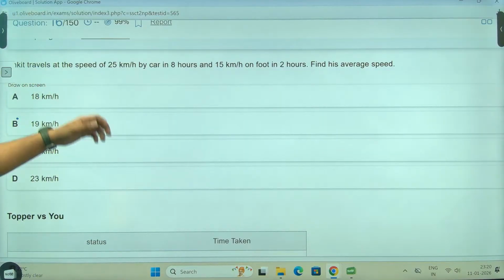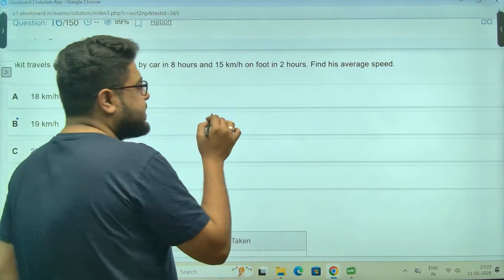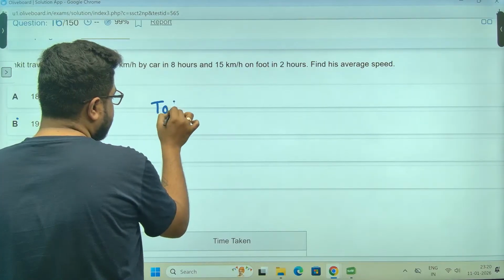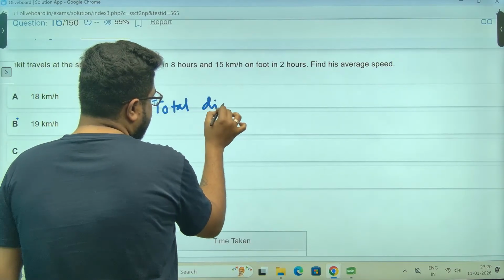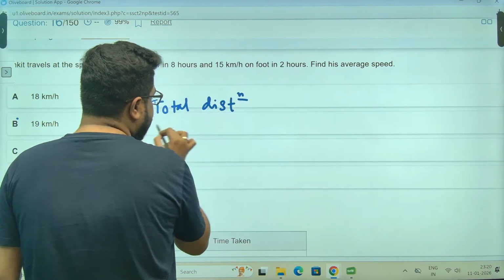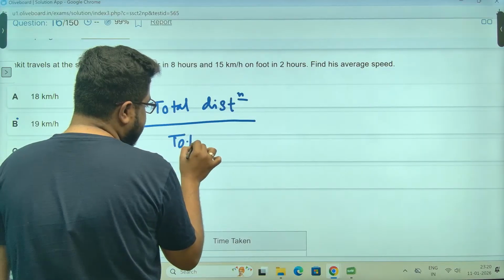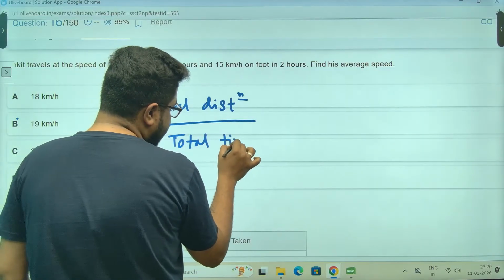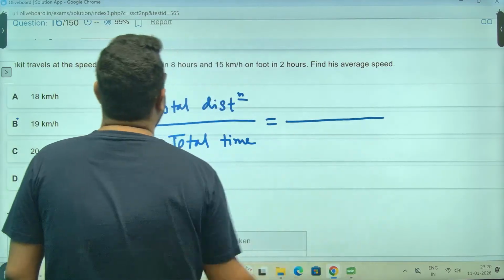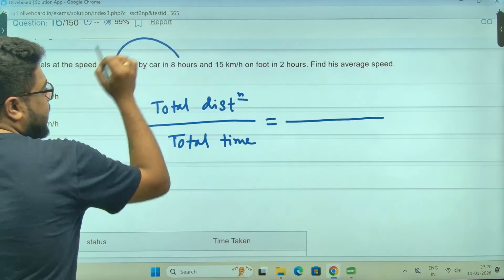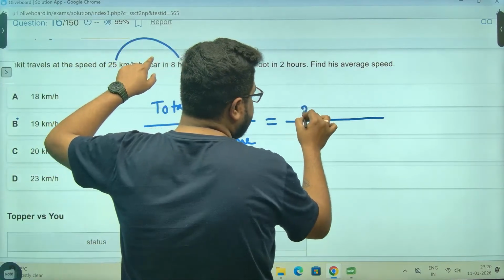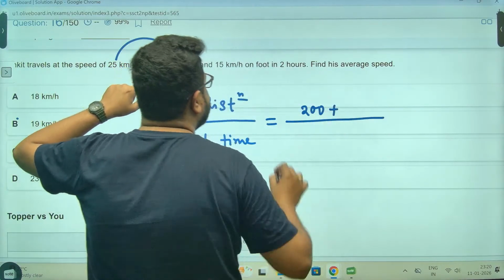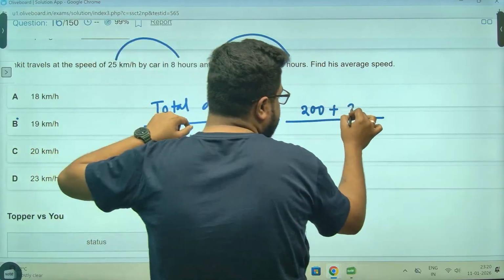Chalo, 25, average speed is what? Sir, total distance divided by total time. That's the only definition we have for average speed, right? So let's calculate distance. Speed into time, that is 25 into 8, 200 kilometers, plus 15 into 2, 30 kilometers.